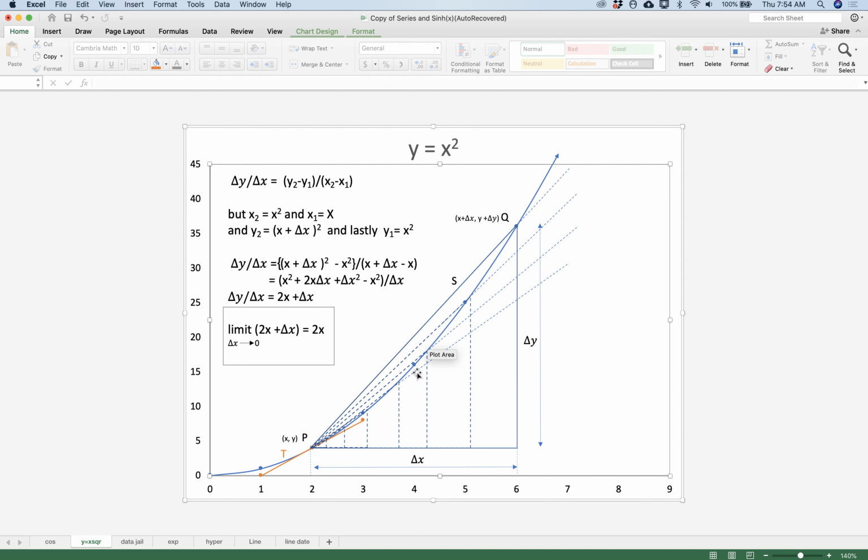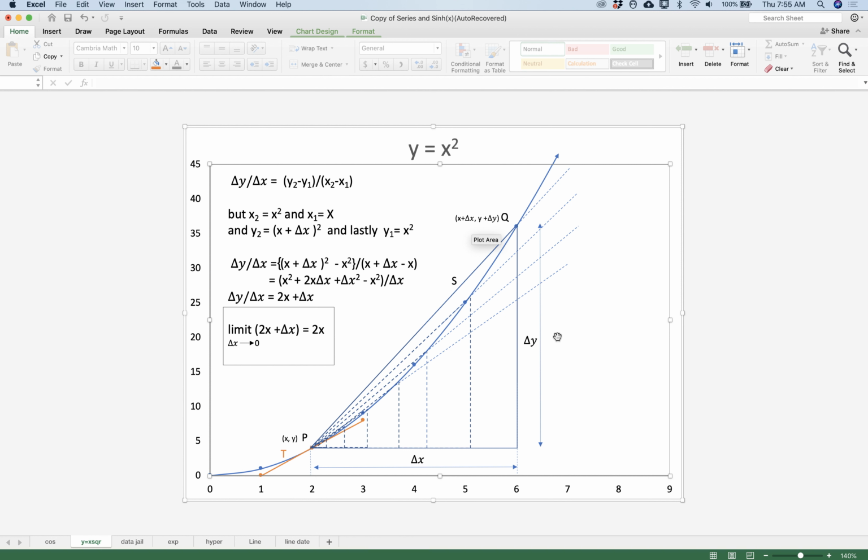And because our point P could be anywhere along this line, we have a generalized expression for the slope or the tangent at any given point. So this approach gives us the general derivative of this particular function, y equals x squared.